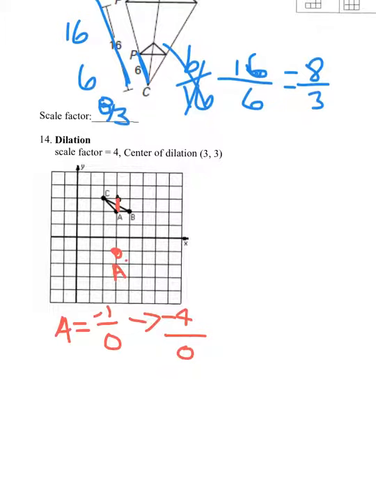B is going to be down 1 over 1. Which will give you down 4 over 4. And C is going to be back 1.